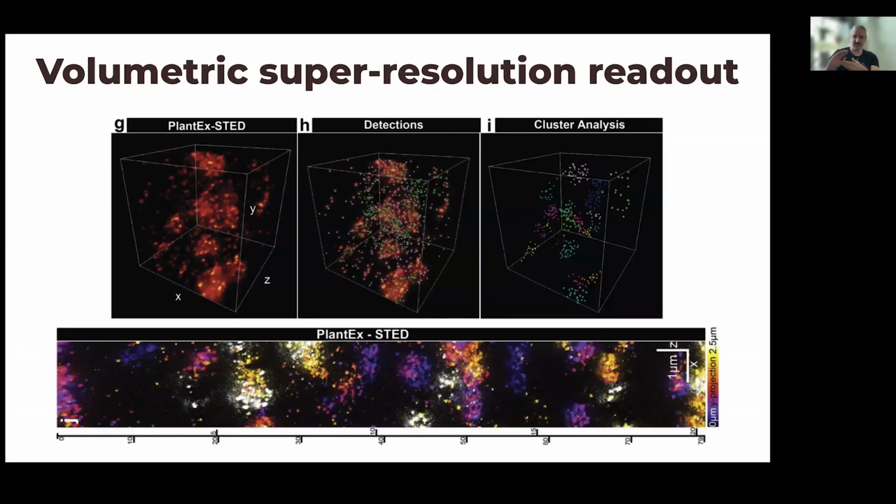So the different colors represent different imaging depth. And as you can see on the scale below, we imaged about 100 micrometers into the sample. So we can basically go through the thickness of an entire root tip now and get the same level of resolution throughout the entire tissue.